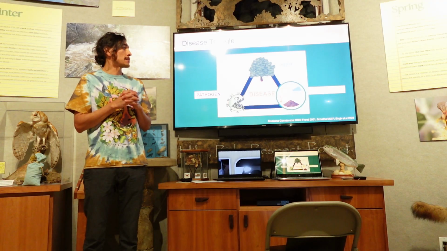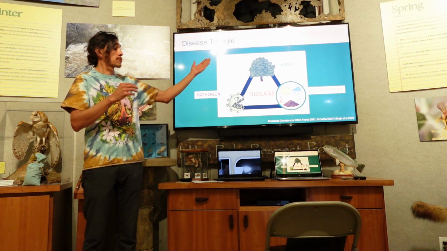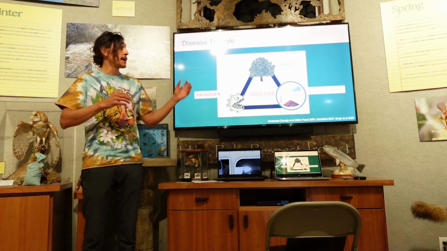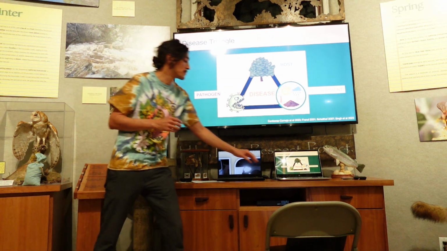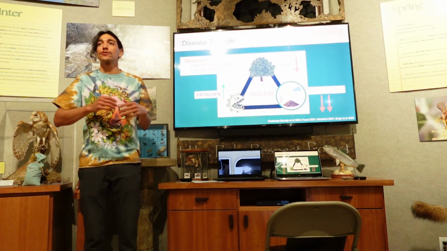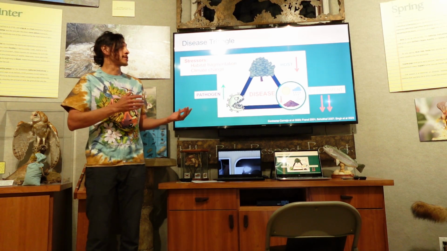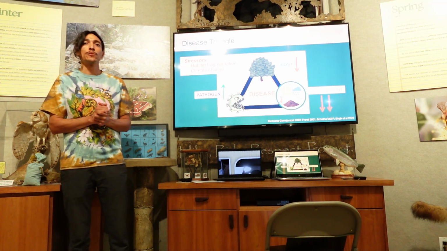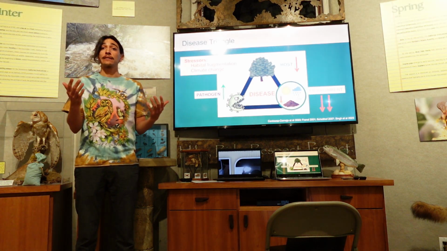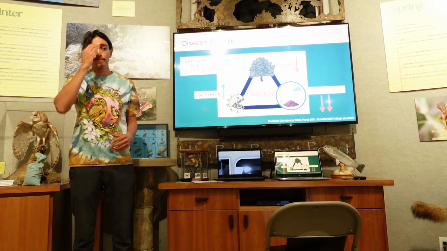And while the disease triangle appears to show equilateral sides for these three components, the environment is arguably the most crucial as it can influence the other two. Stressors or disturbances to the environment, such as habitat fragmentation or human-driven climate change, are known to exacerbate disease spread and impact among native ecosystems.